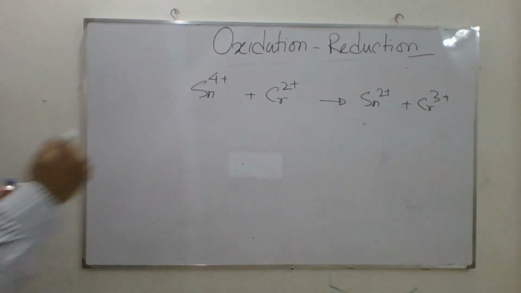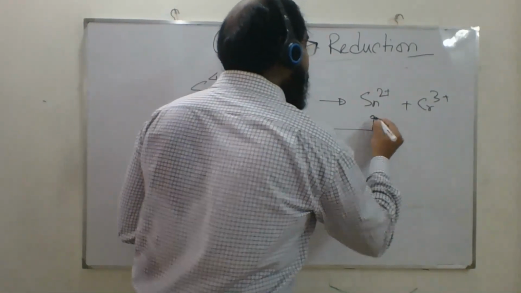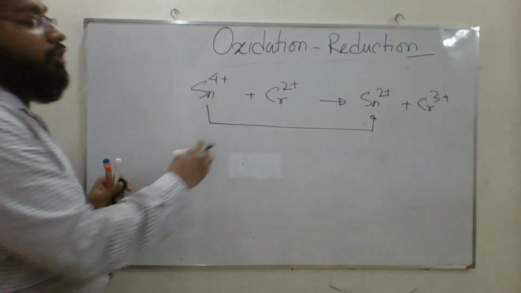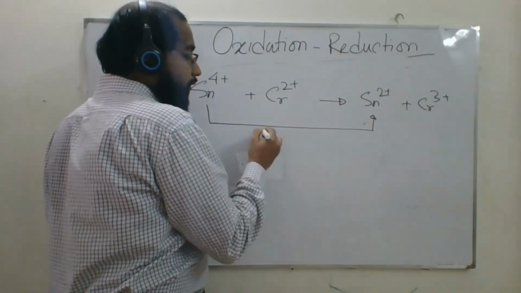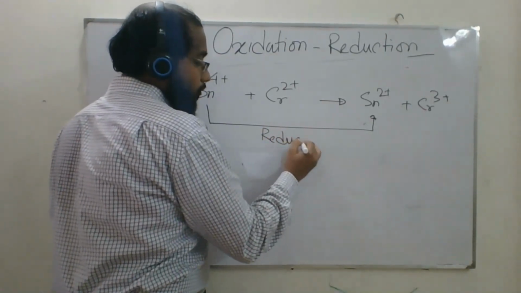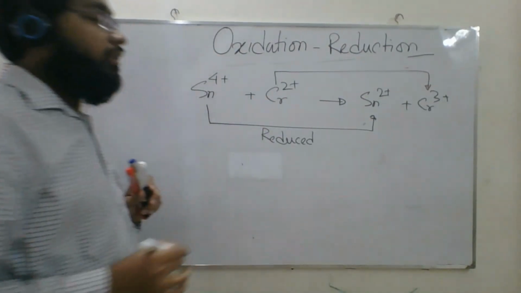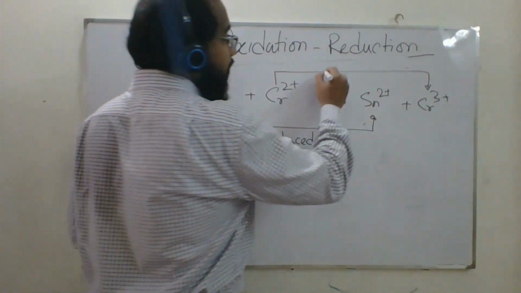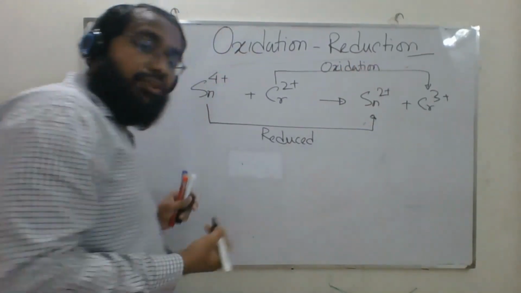If you look at the positive oxidation number of this species, is it reduced or increased? It is reduced. If the positive oxidation number is reduced, then we know there is addition of electrons, so it gets reduced. Now, for this other species, the positive oxidation number is increased. So a positive oxidation number increase means oxidation, just as we discussed in the last case.